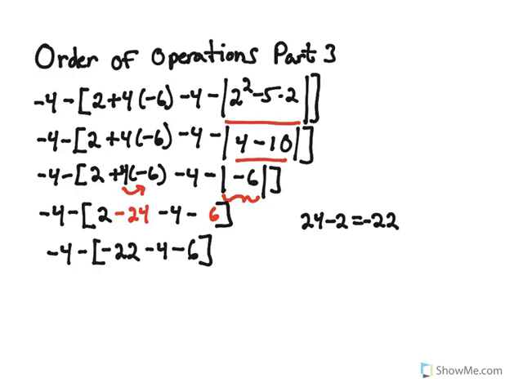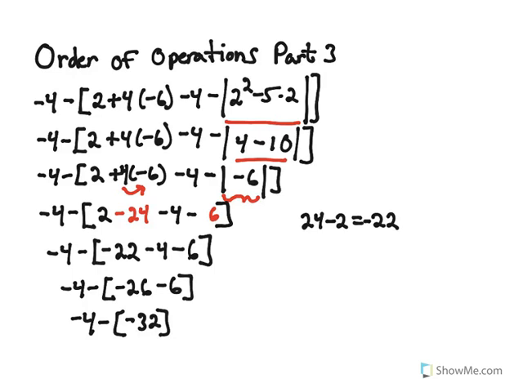It's a little bit of a shortcut in handling subtraction of integers, okay? Negative 22 minus 4 more is minus 26. And then minus 26, take away 6 more, is minus 32.